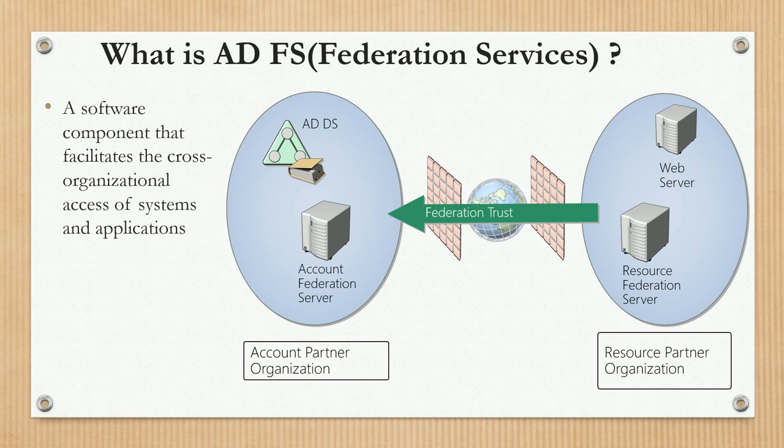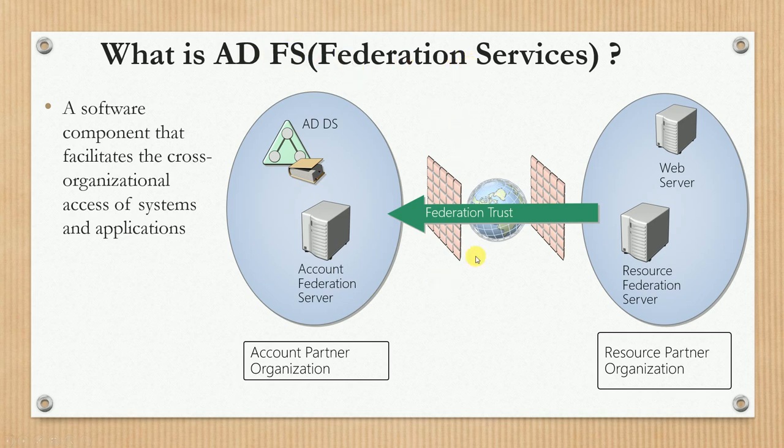Now next is ADFS, Active Directory Federation Services. What exactly will it do? It is a software component that facilitates access across organizations, across systems and applications. What it is trying to say is, you have two domains and you would like to create a trust relationship from one domain to the other, or say you have two companies and you want to build a trust relationship between them.